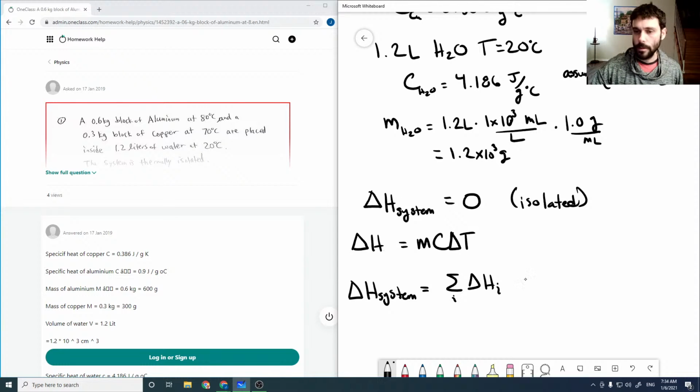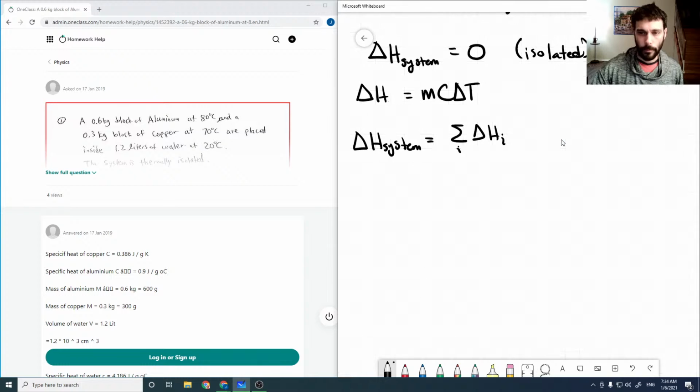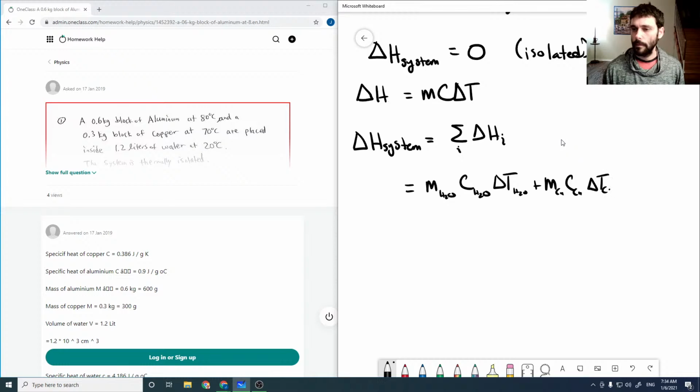Okay, so then we have our water, which is M water, heat capacity for water, delta T water, plus our copper plus our aluminum. And now we can plug in some values.